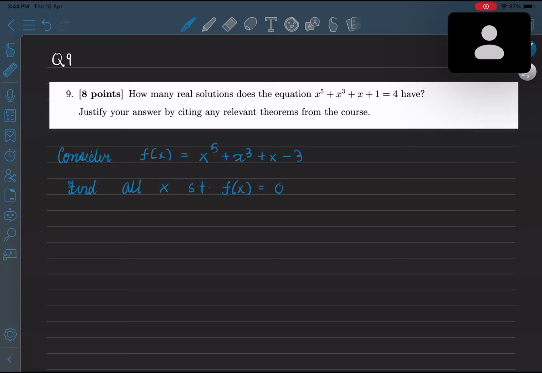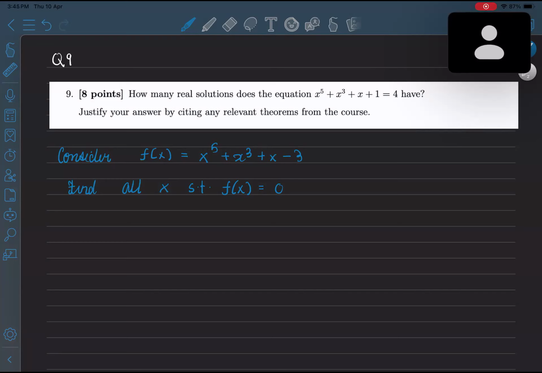The way we go ahead is a simple theorem that a lot of you might know from high school, the fundamental theorem of algebra. Essentially, its conclusion is that the maximum number of real roots of a polynomial of degree n is n. So this polynomial has at max 5 roots, but we have to find out exactly how many roots this has.